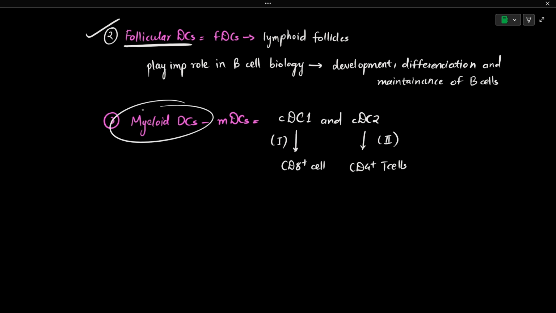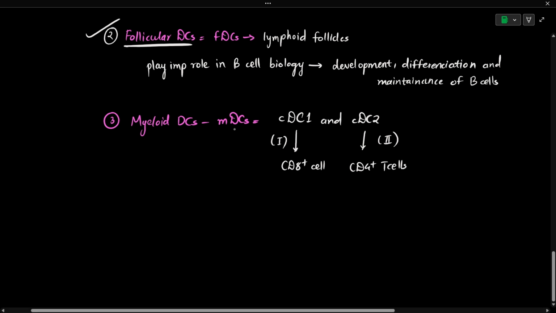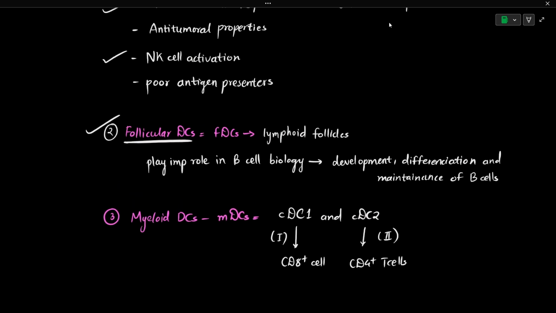So those myeloid dendritic cells are there. Then there are the Langerhans cells, which are the dendritic cells of the skin.